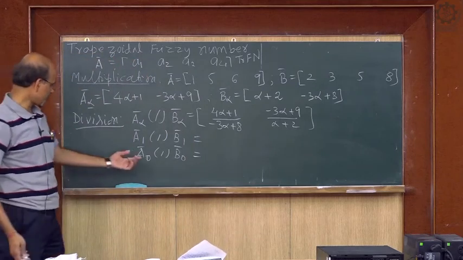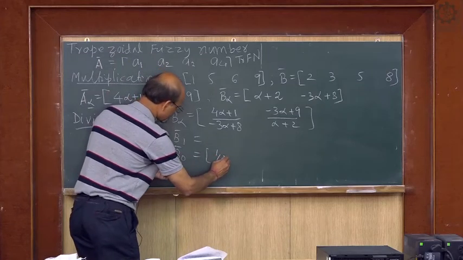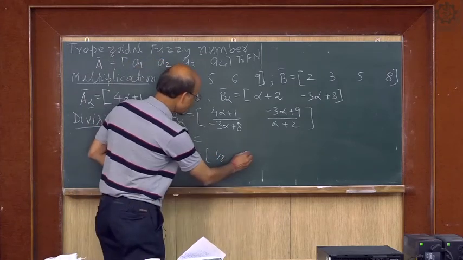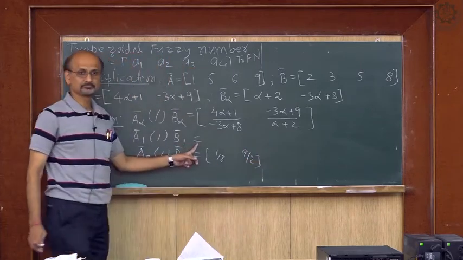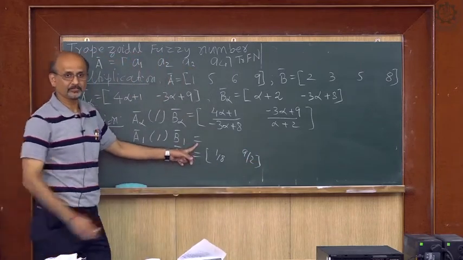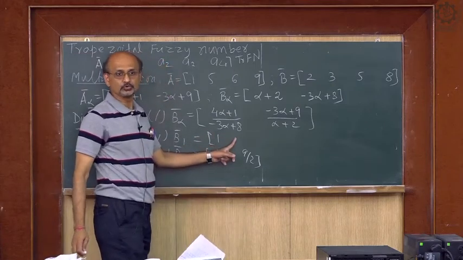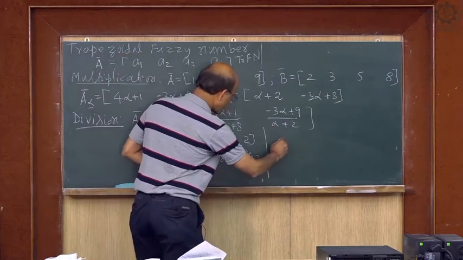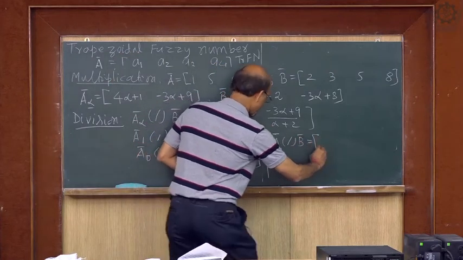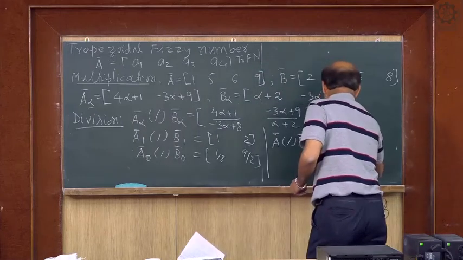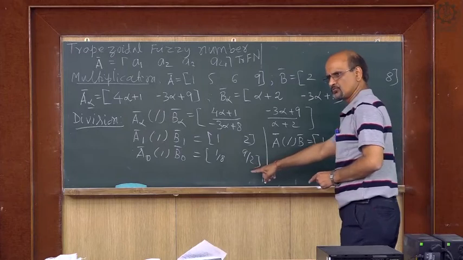So, what will be that? A bar 0 by B bar 0? 1 by 8, 9 by 2. And what is this one? 1. And right side 2. So, accordingly, I have the approximated A bar by B bar as 1, 1 by 8, 9 by 2.